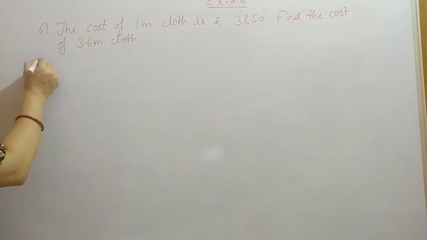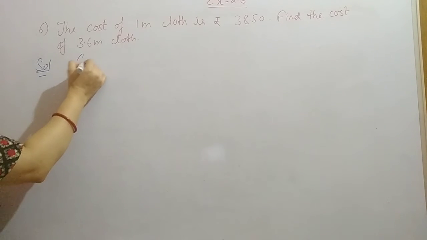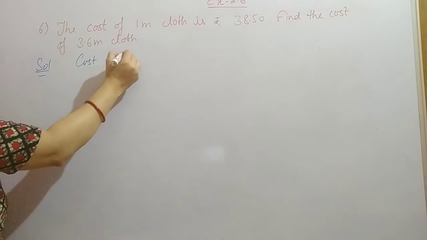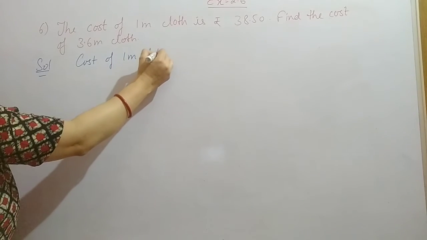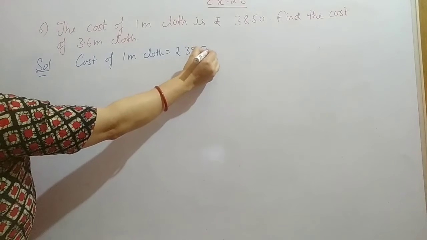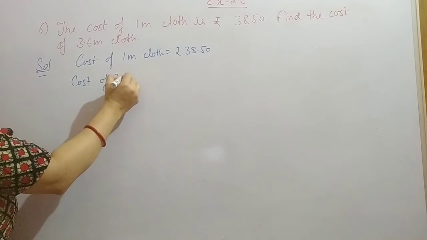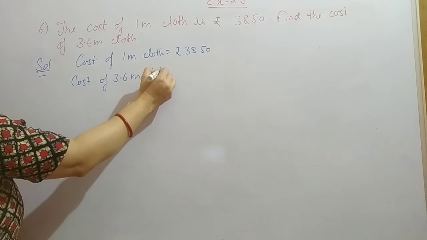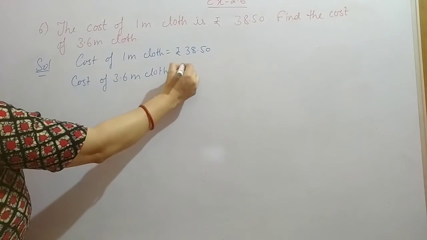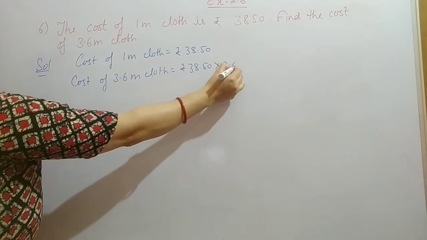Question number 6. The cost of 1 meter cloth is given and we have to find out the cost for 3.6 meter cloth. So cost of 1 meter cloth is rupees 38, 50 paise. So the cost of 3.6 meter cloth will be 38 rupees 50 paise multiplied by 3.6.